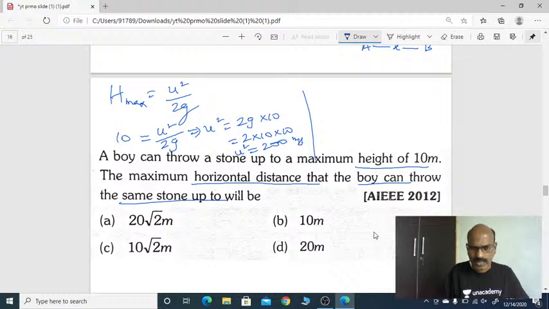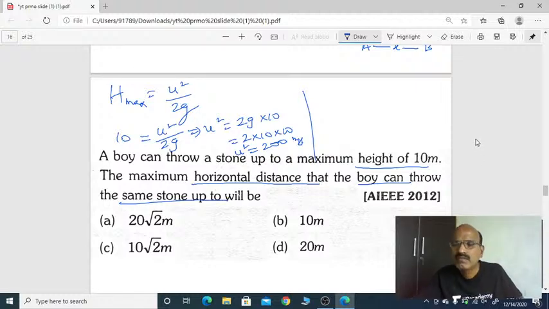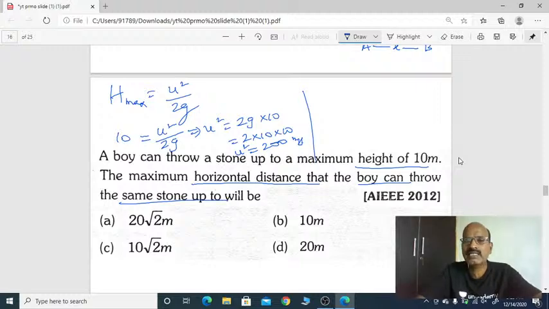Now, H maximum we got at what initial velocity you are throwing. Now, what is the maximum horizontal distance we need to find?